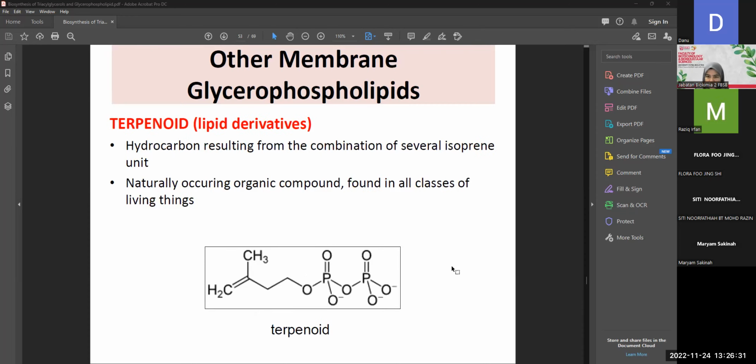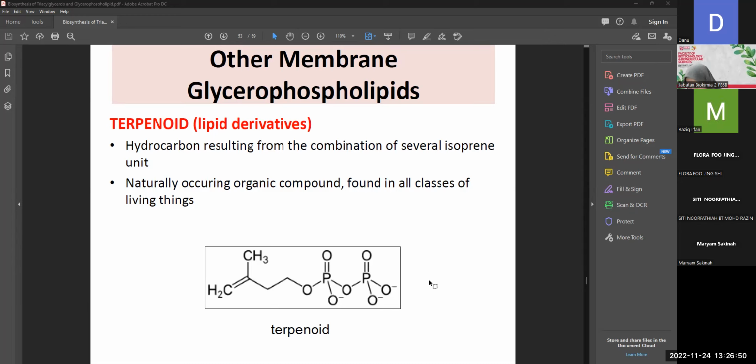Another one is terpenoid. You can see that the structure of terpenoid results from the combination of several isoprene units. So what is isoprene? This is isoprene.